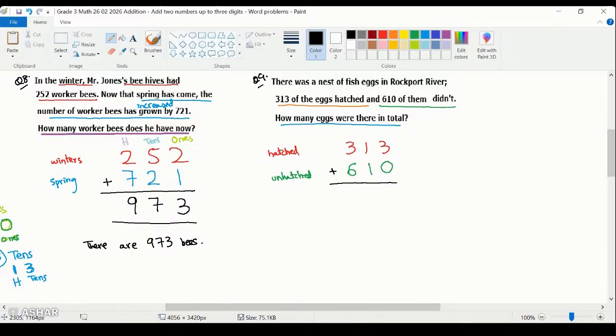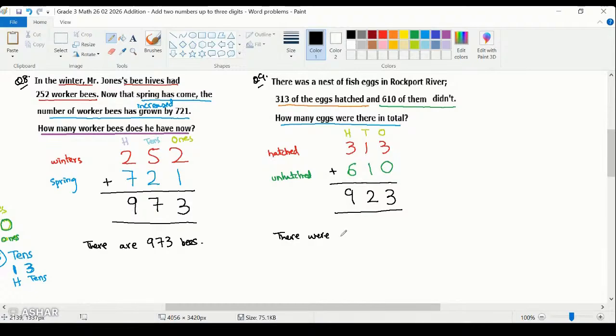We had these many ones, tens, and hundreds. So 0 plus 3, 3 ones. 1 plus 1, 2 tens. Hundreds, 3 plus 6 is 9 hundreds. Right? So there were, sorry, there were, because some of the eggs hatched, so they're not eggs anymore.